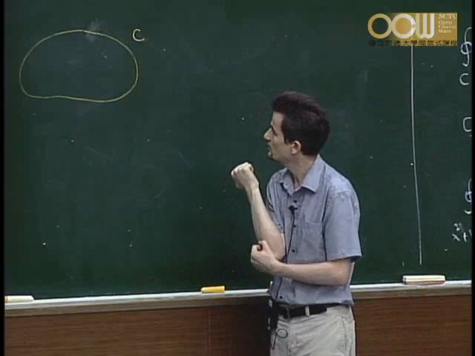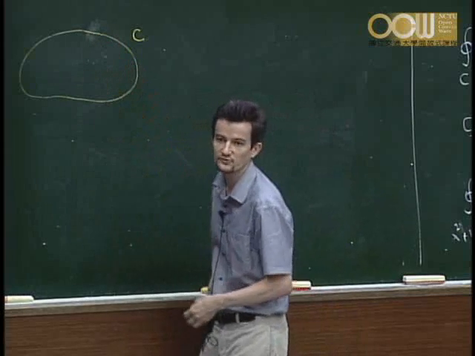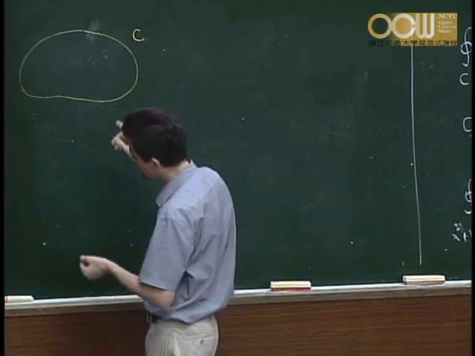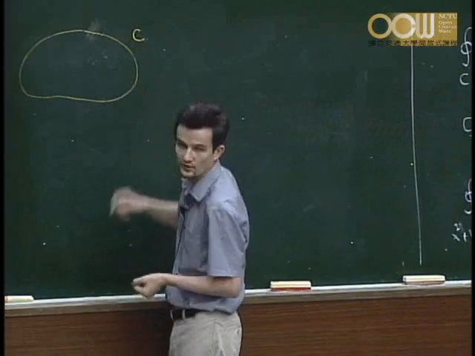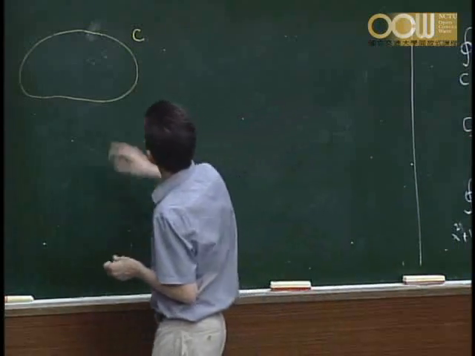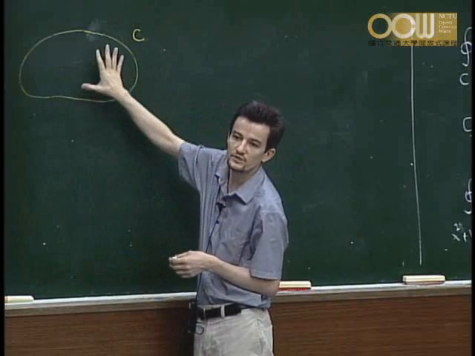We have two possible ways. One will be called positive, one will be called negative. Now, what is the definition? The positive orientation is if you walk on C, and because C is closed, C will enclose some plane region.